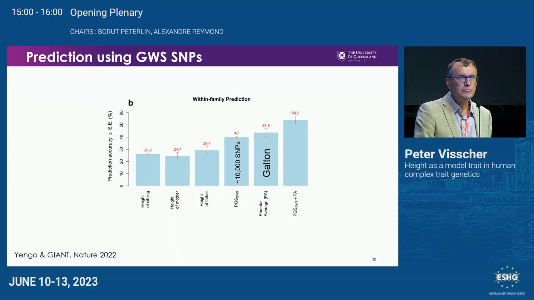However, we know that using just genome-wide significant SNPs for prediction is not the most efficient thing to do. It's best statistically to use all the information available. And there are a whole range of fancy statistical methods to get better predictors.